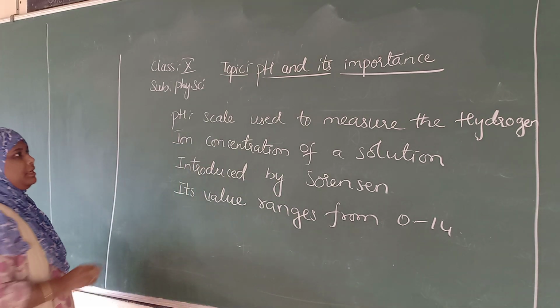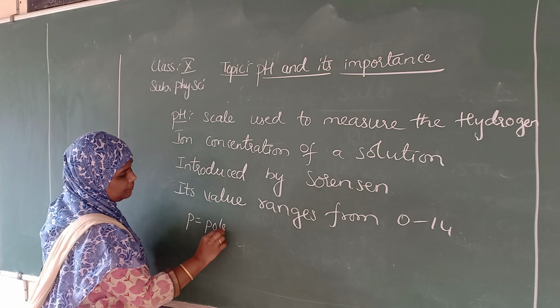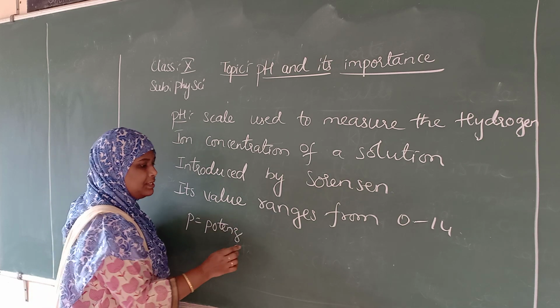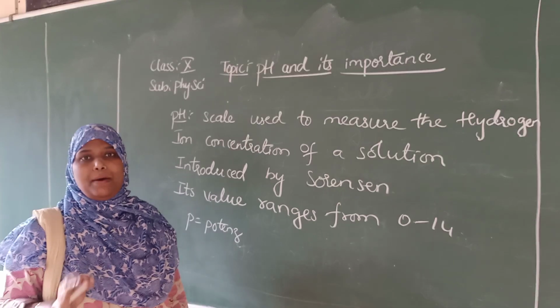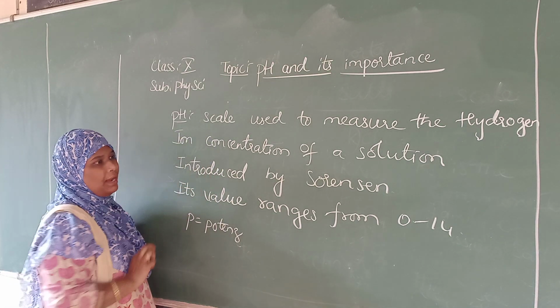In the word pH, P stands for potence, which means power in the German language, and H stands for hydrogen.